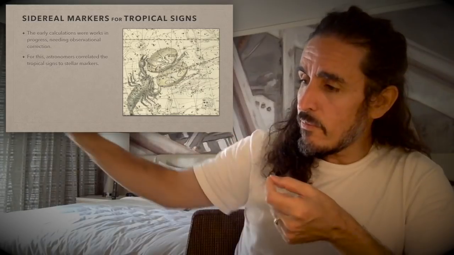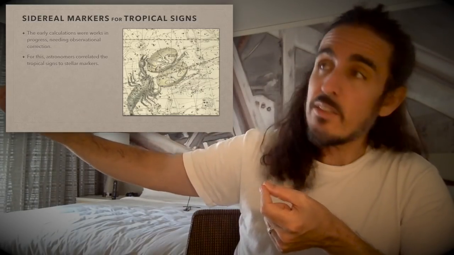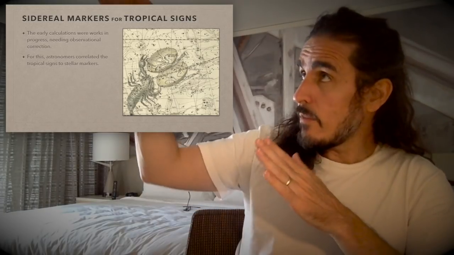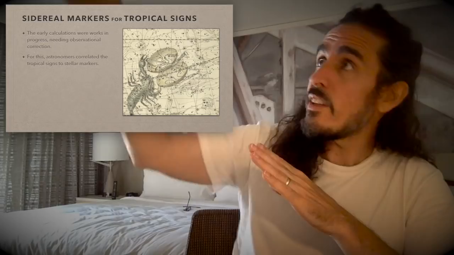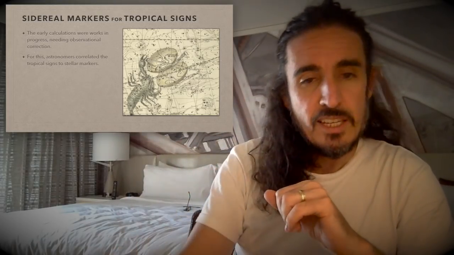So they would get some marker stars and say, well, this star is at a 180-degree angle to it, or that star is at a 65-degree angle to it. So if we see something that's coming by that star, or that's 20 degrees away from that star, we can know where it is in the 12-fold zodiac.